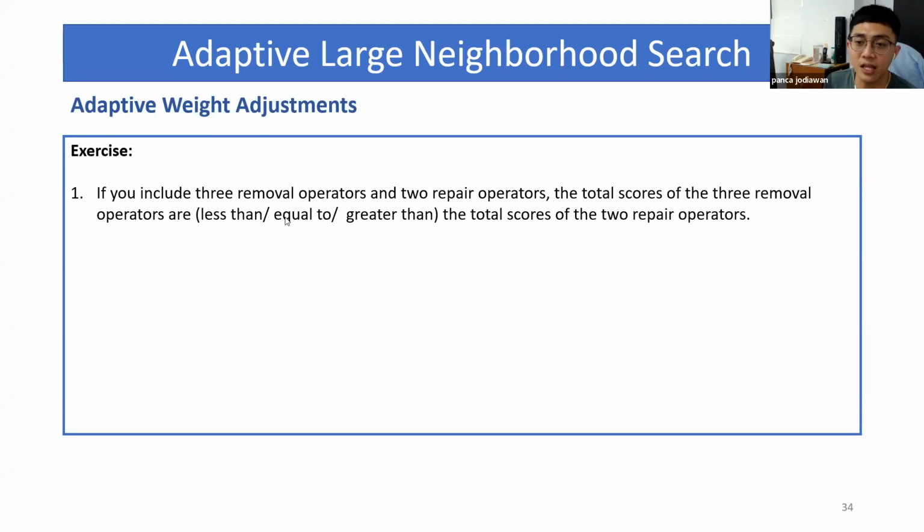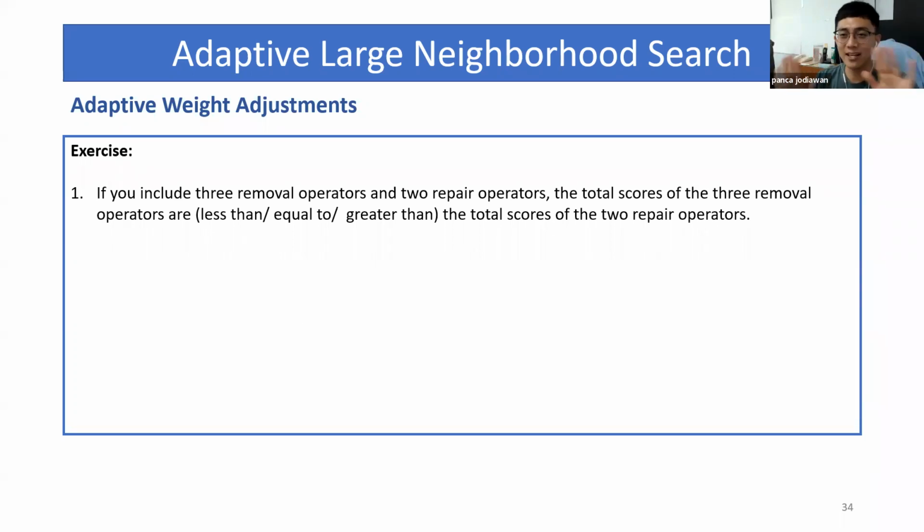Okay, so it should be less than, equal, or greater than. The answer is equal to. Because when we select a destroy operator, we also select a repair operator, it means that we will always give the same score to one destroy operator and to one repair operator.